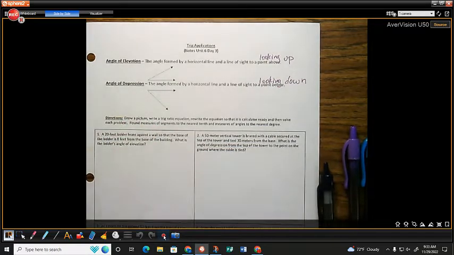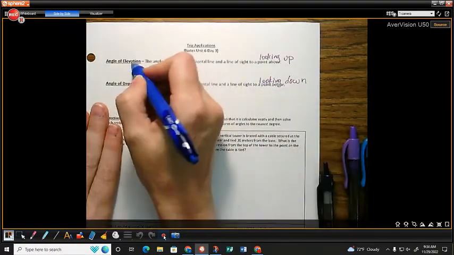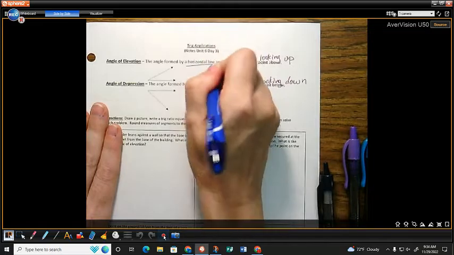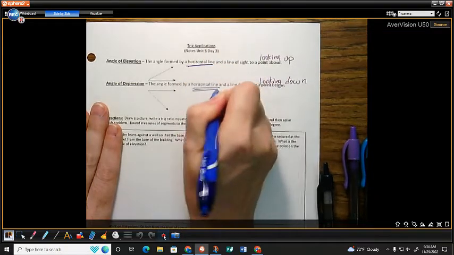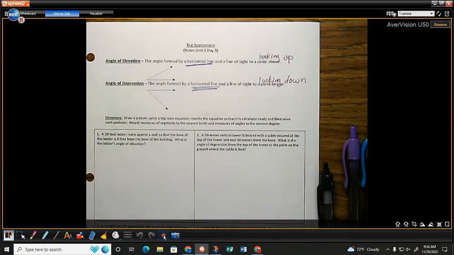Okay? But, and it's a pretty big but, the most important thing here is that both of these angles have to be measured with a horizontal line. You got to have a horizontal line. Now, as I look out across the room here, is there a horizontal line I could draw from my eyeballs? Yeah. There is. Can you see it?